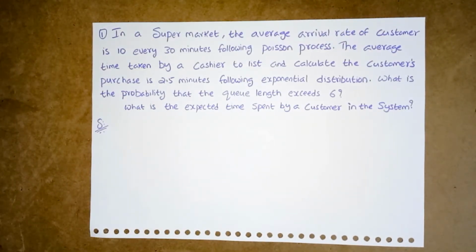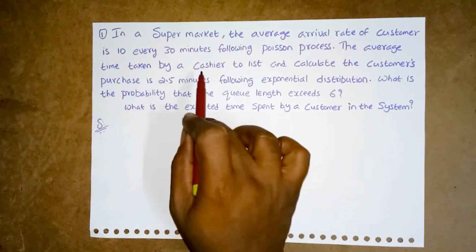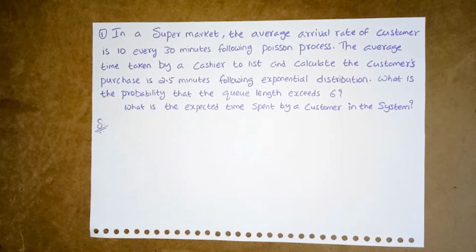Next, the average time taken by a cashier. Here we have to understand about this cashier. We know the role of a cashier. The time taken by a cashier to list and calculate the customer's purchase is 2.5 minutes. He is taking this time for listing and calculating the customer's purchase.